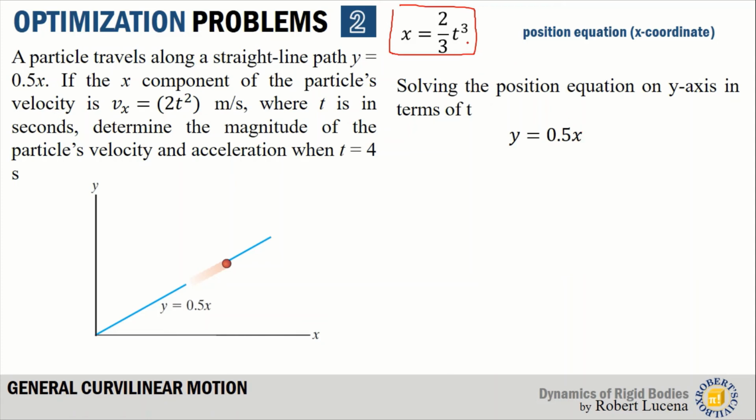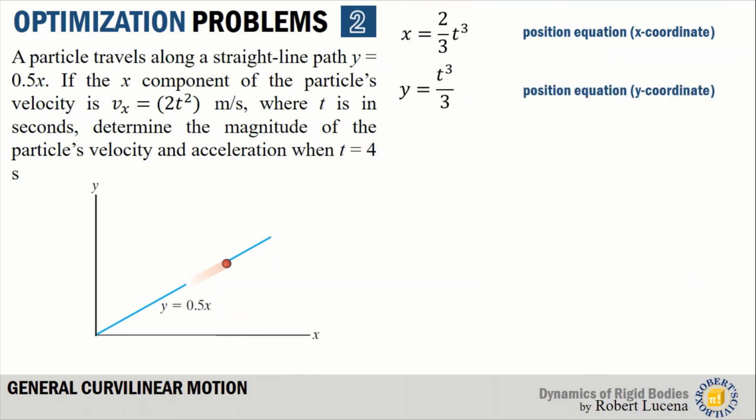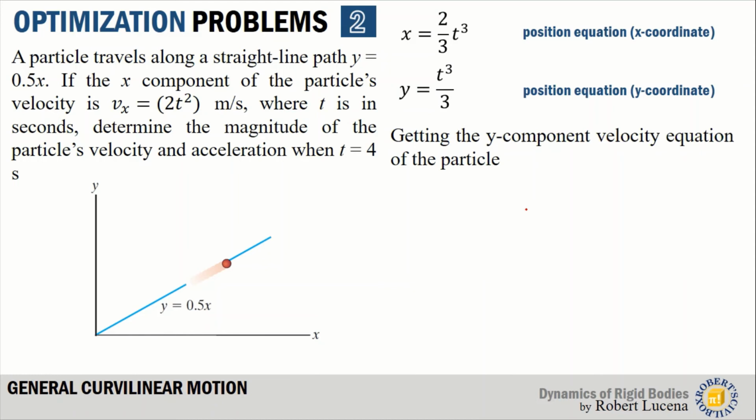Substituting the value of x here yields this equation, and simplifying gives the position equation in terms of t. Now both position equations are in terms of t. So we have the position equation about x and about y. It would now be easy for us to determine the velocity about x, velocity about y, and succeedingly acceleration about x and acceleration about y.